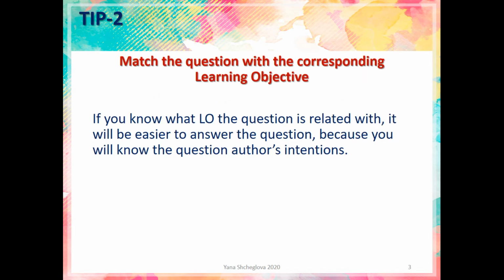Match the question with the corresponding learning objective. If you know what learning objective the question is related to, it will be easier to answer the question because you will know the question author's intentions. It doesn't mean that you must learn the syllabus by heart, but it will be good if you know the name of the learning objective in each module.